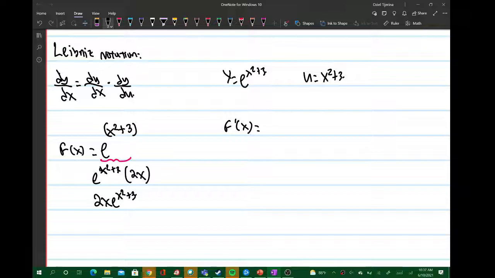U substitution just means that you're substituting a variable in for the algebraic expression, in this case the letter u. So we have u equals x squared plus 3.